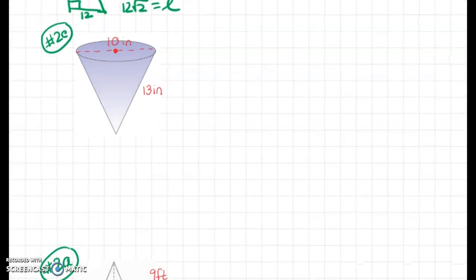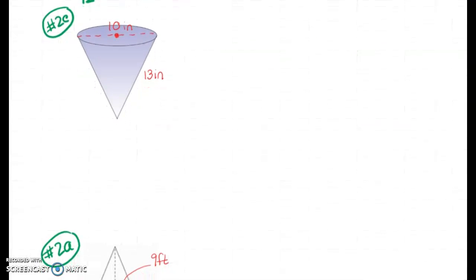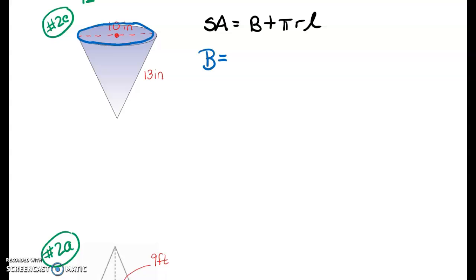So this one's a lot like 2C, and this is a cone and not a pyramid. So my surface area for a cone is going to be my base plus pi r slant height. So my base is just a circle, okay? But I need the formula to find the area of a circle, pi r squared, but it doesn't look like they gave me the radius.